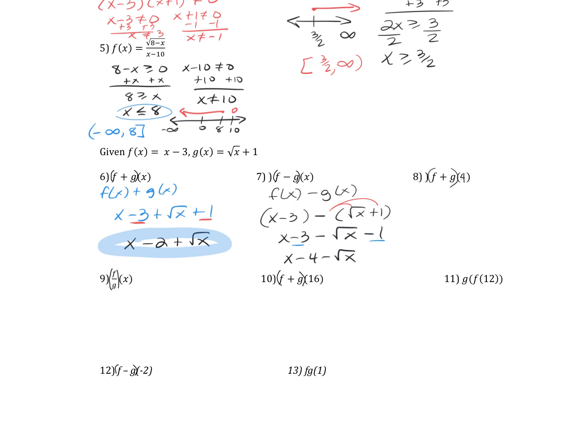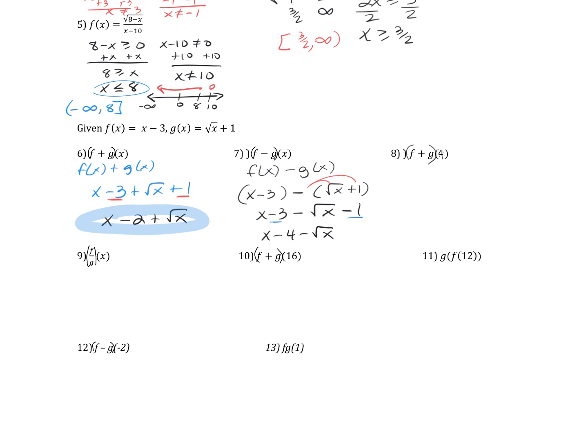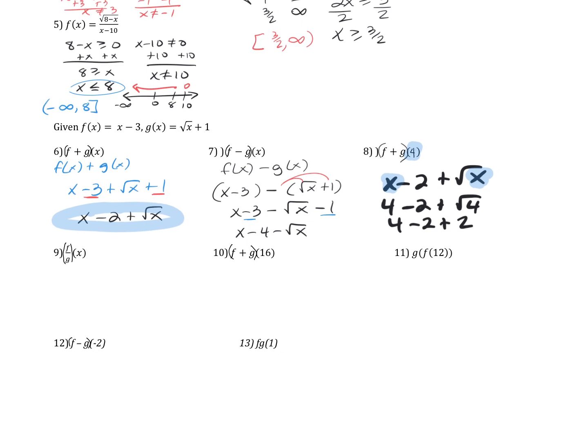So the f of x function plus the g of x function was x minus 2 plus the square root of x. I'm going to replace x with 4 and then simplify. So I get 4 minus 2 plus the square root of 4, 4 minus 2 plus 2, and this ends up giving me 4.